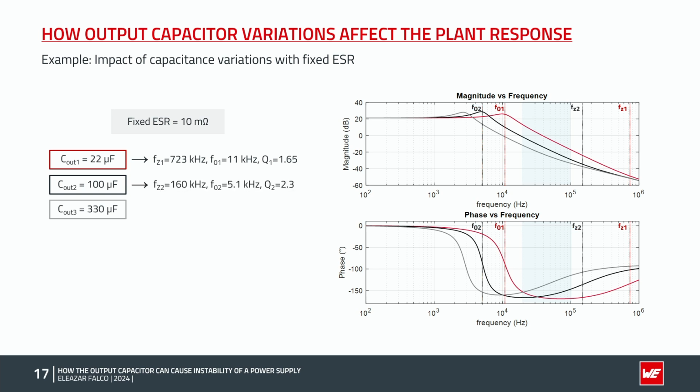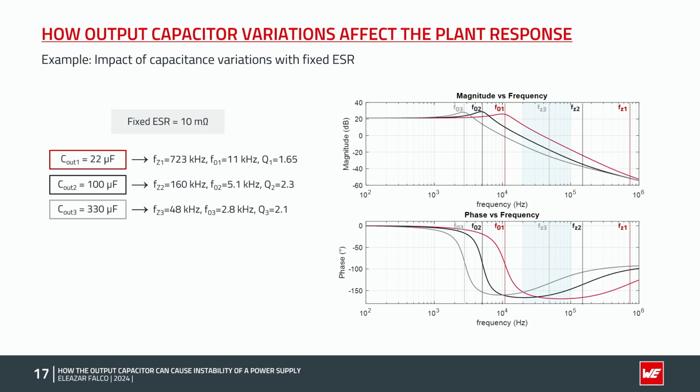For 100 microfarad, the ESR0 is at 160 kilohertz, and we can see how it affects the phase curve, but just a little bit above 50 kilohertz, but not the gain curve. The double pole has now moved to a lower frequency of around 5 kilohertz. For 330 microfarad, the ESR0 is now at 48 kilohertz, right within the frequency range of interest, and it substantially shapes the phase curve in this area.